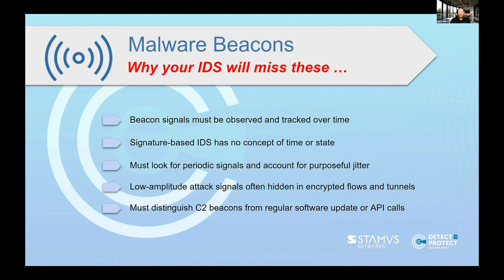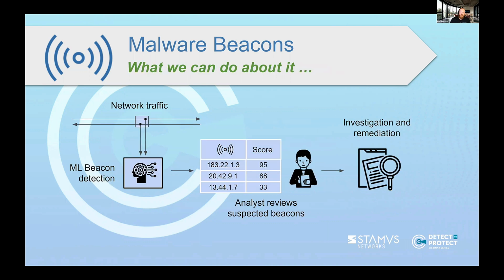When this happens, the best way to locate the threat and block the server's access is to identify the communication and then trace the source and destination. The main reason an IDS cannot detect malware beaconing communications is that most must be observed over time. So what can we do?